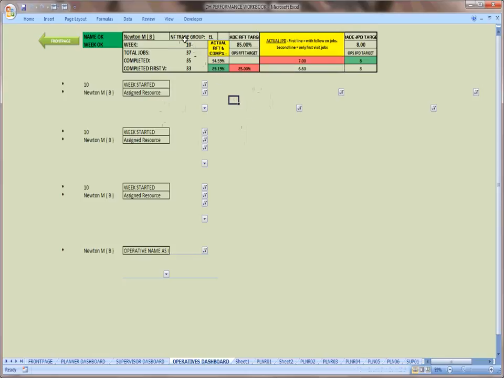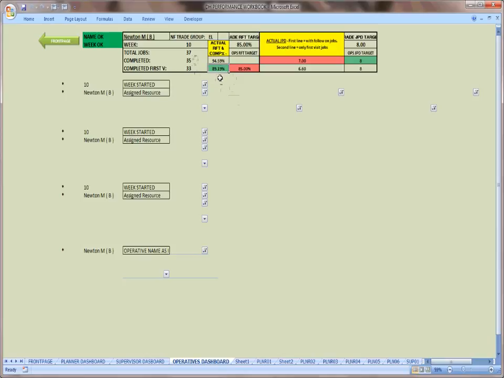So if you start with this particular operative, you can see that he's in the electrical group, and this is a lookup when you select the operative. It's week 10. He had 37 jobs that week. He completed 35, of which 33 were first-time visits.